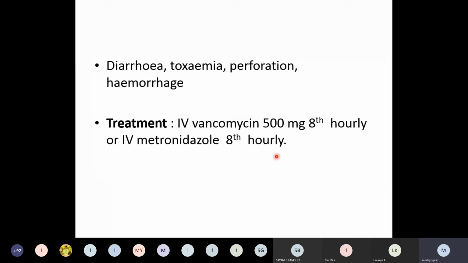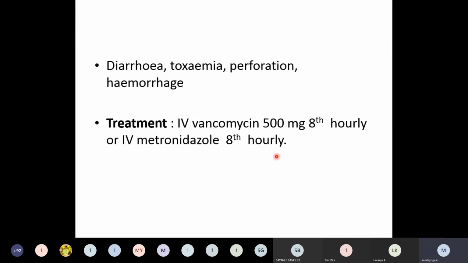As I told, the patients usually present with diarrhea, but sometimes they present in an acute condition with toxemia or perforation or hemorrhage. Treatment is usually with medicines. It's an antibiotic associated diarrhea, so the treatment again is by antibiotics.